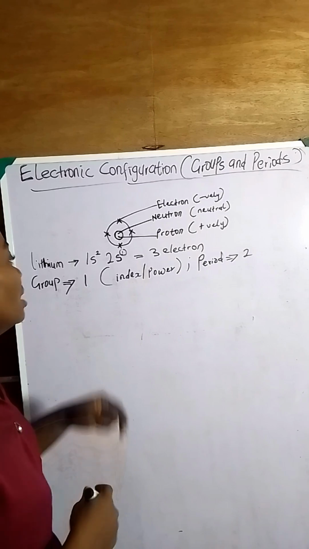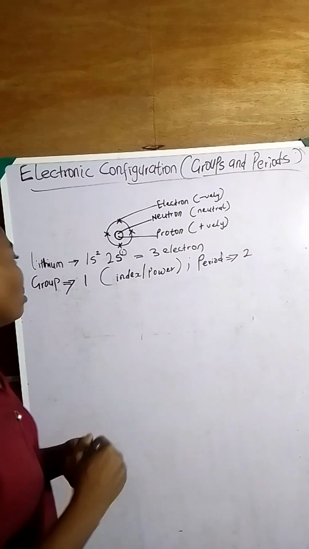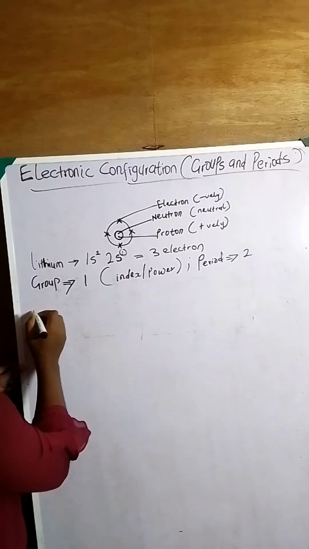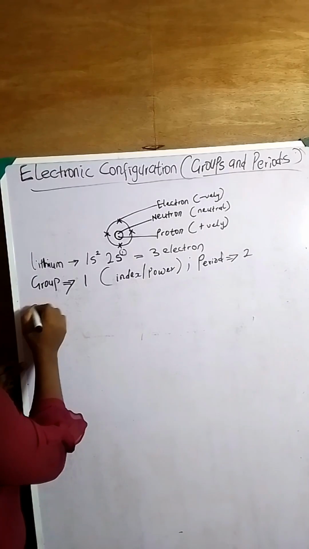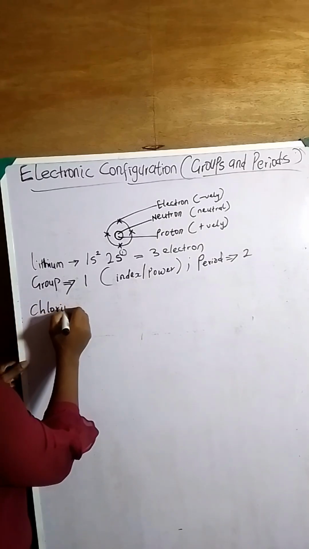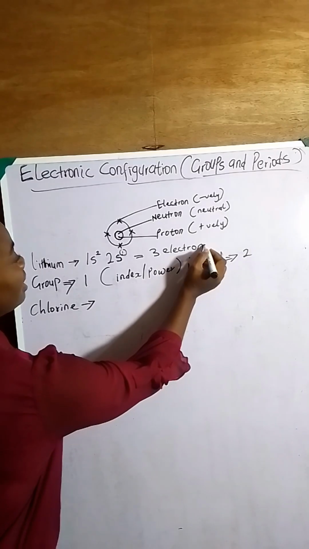So if the element in filling has to do with the P sub level, let's assume that we want to get the electronic configuration of chlorine, and you know that chlorine is 17, it has 17 electrons.